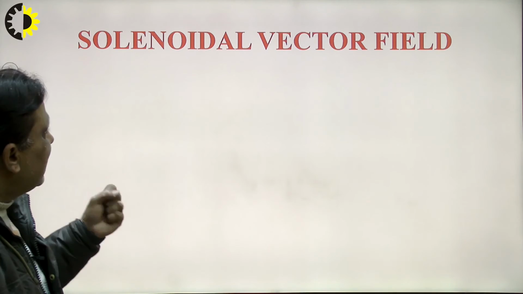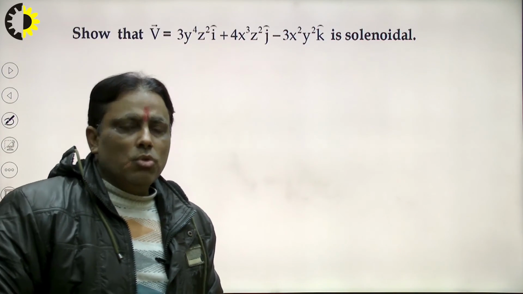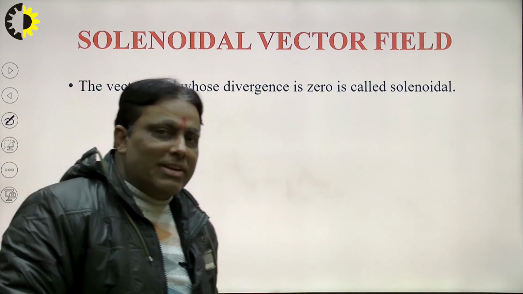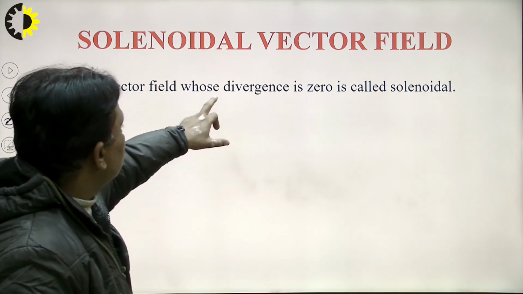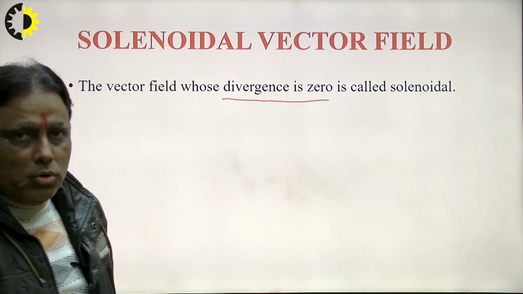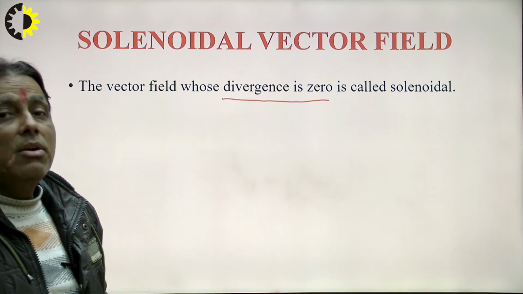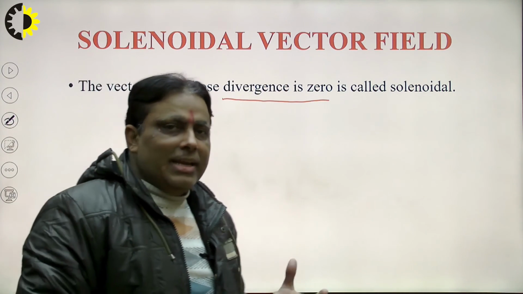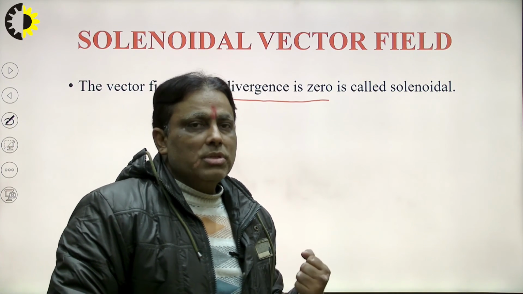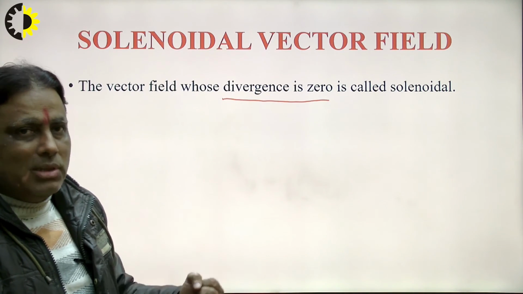Now next is, what is a solenoidal vector point function? I just now explained the role of the solenoidal point function here. The vector field whose divergence is 0, that means there is no loss of fluid due to heat, is known as the solenoidal vector point function. Suppose in mechanical engineering a machine is moving and there we use coolant or mobile oil to cool the machine.